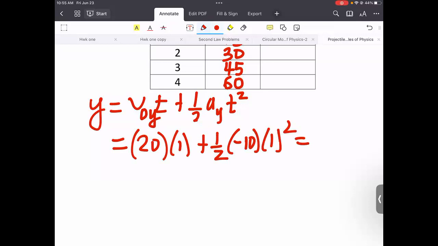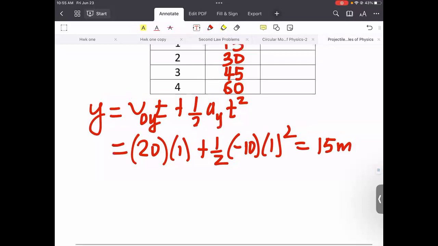Doing the mathematics, that gives 20 minus 5, so it's 15 meters. Let's put 15 meters here.